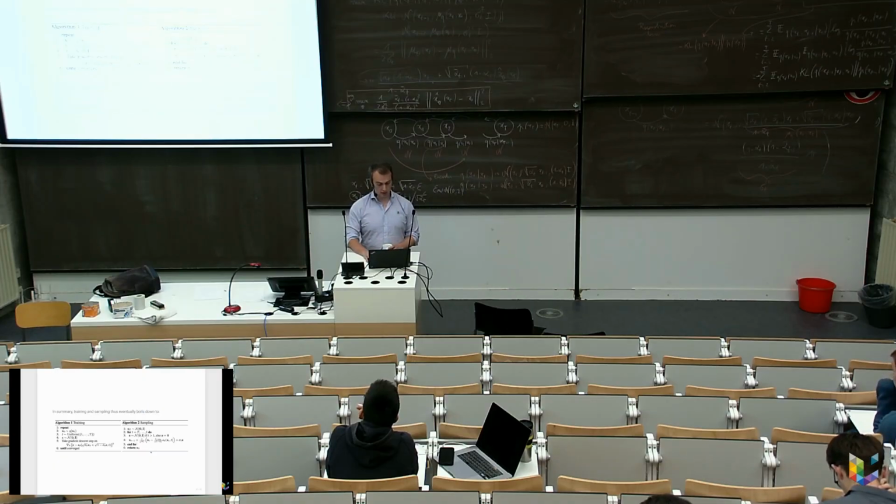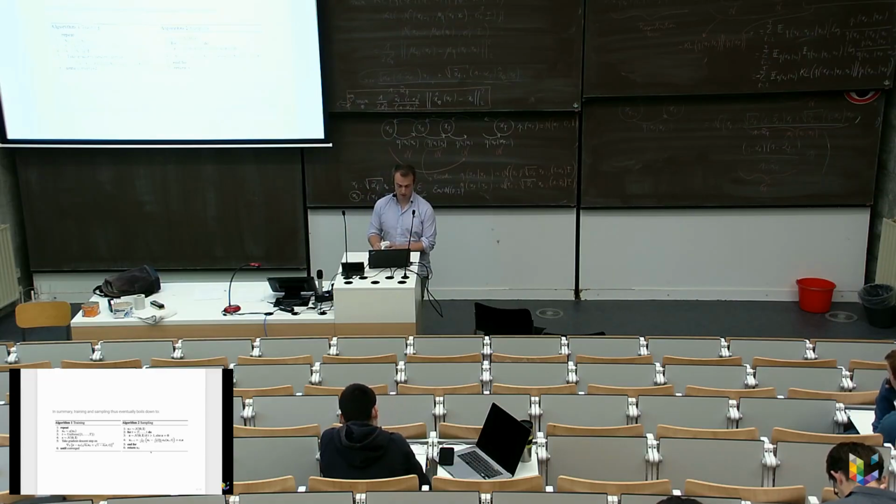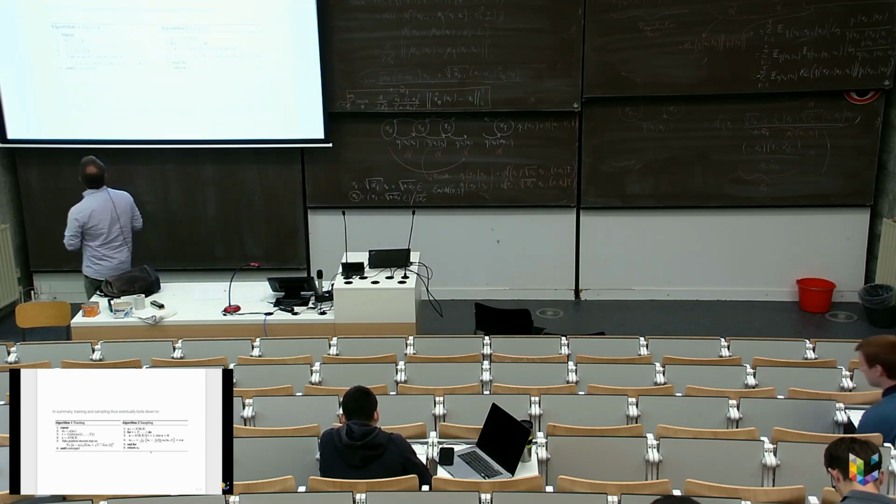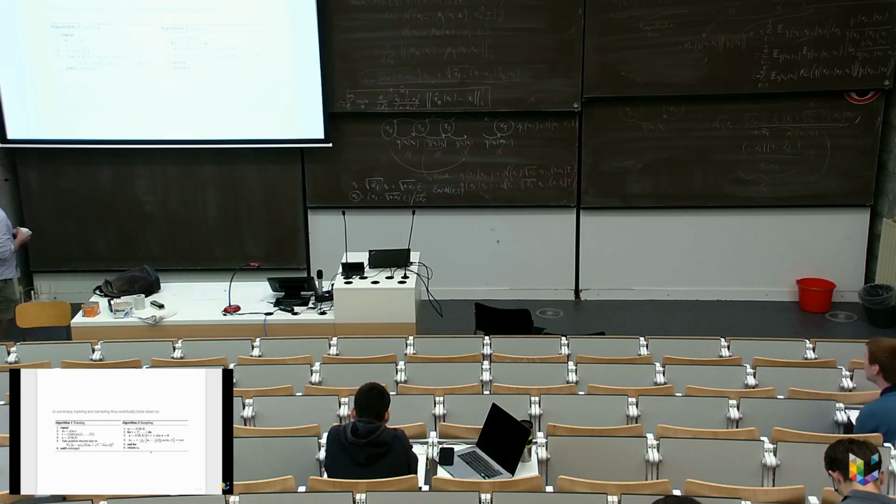So in summary, we arrive at these two algorithms made of 6 lines each, which is everything you need to know to almost train and generate data from a diffusion model. So let's take it slowly. If you want to train, line 1 is just a loop over your data.